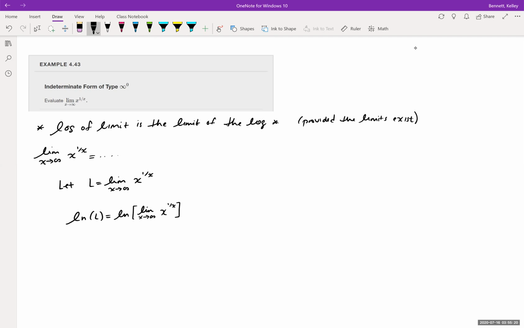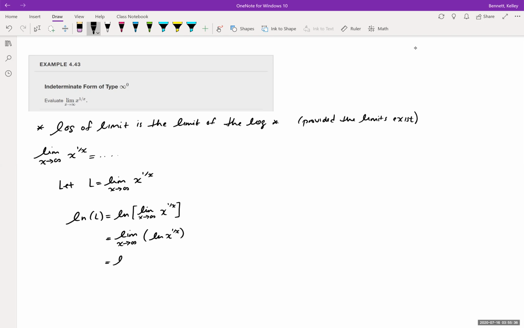And so now the log of the limit is the limit of the log. So I can interchange these to bring ln inside, which is great because now my natural log will help pull that 1 over x down.